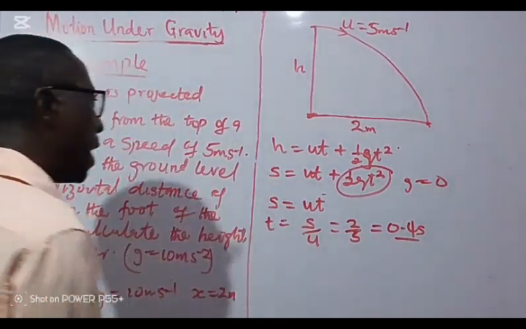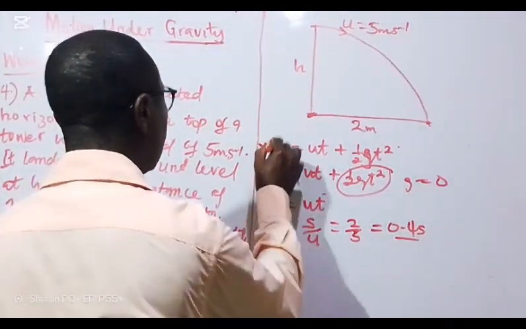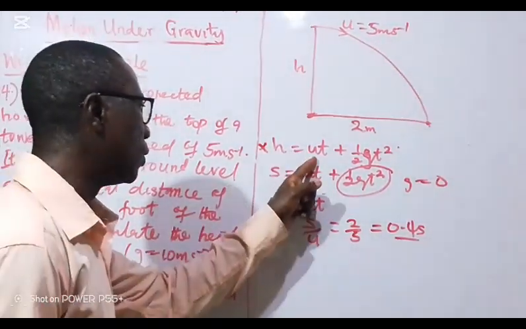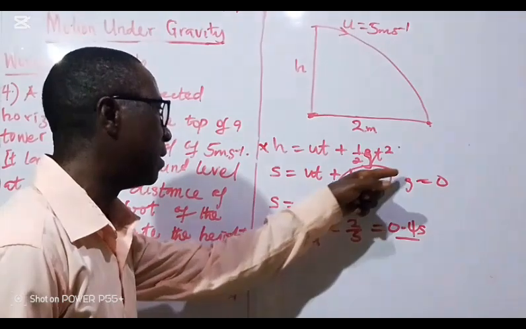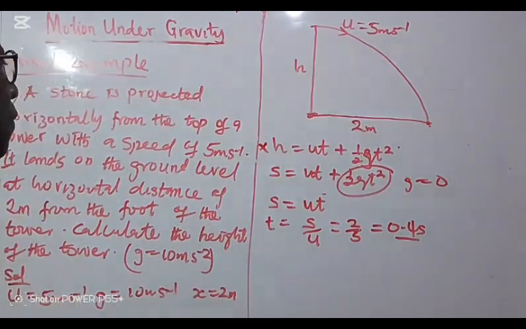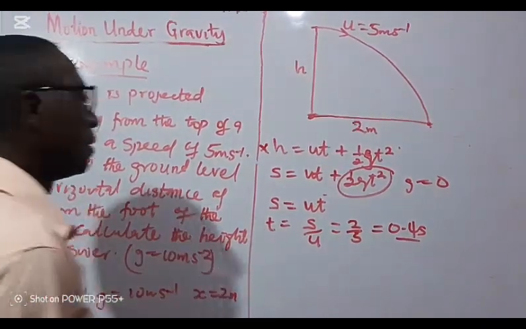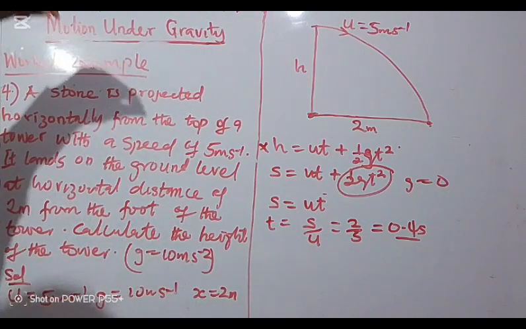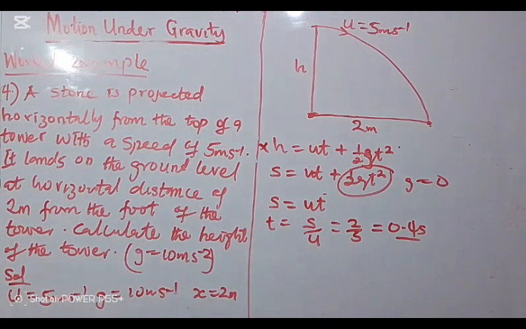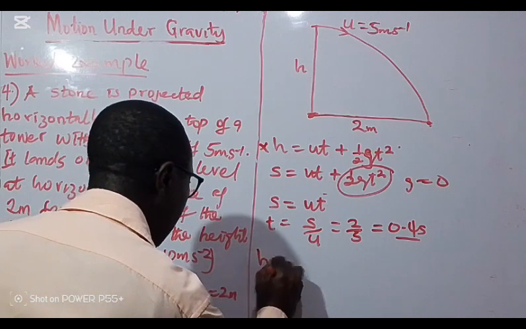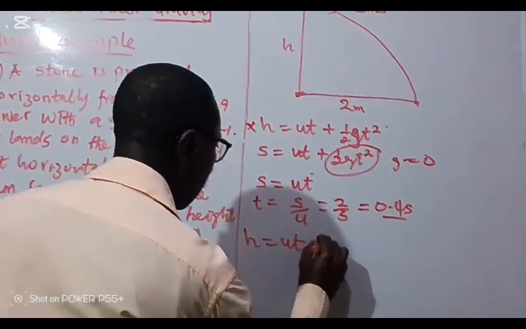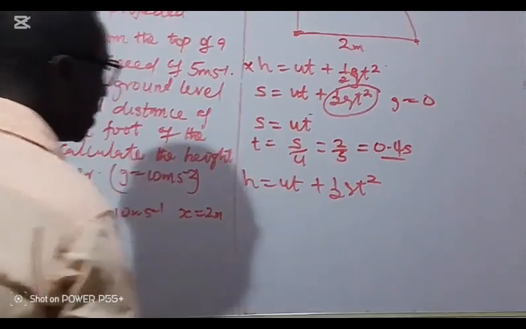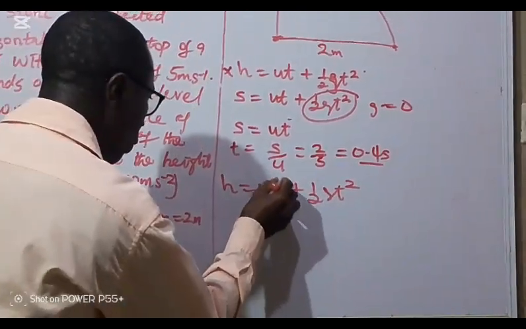Now, to calculate the height of the tower, that is h is equal to ut plus half gt squared. Don't forget that from our theory, when an object is falling down from a certain height, u will be equal to 0.